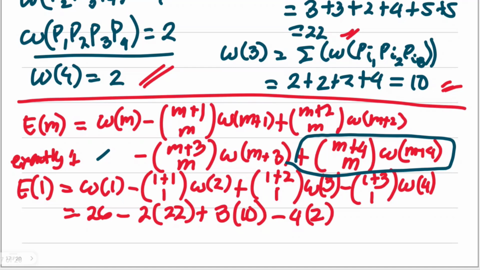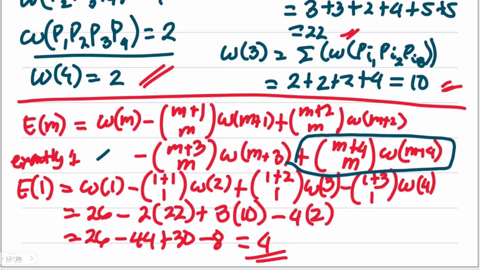So if we just ask how many of those have exactly one element, you will have the result 26 minus 44 plus 30 minus 8. That's right, 26 minus 44 plus 30 minus 8. You actually have 4. Only 4 elements having exactly 1.